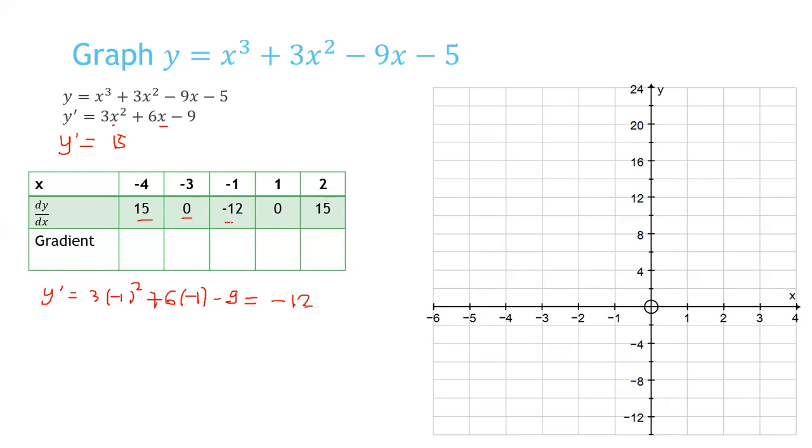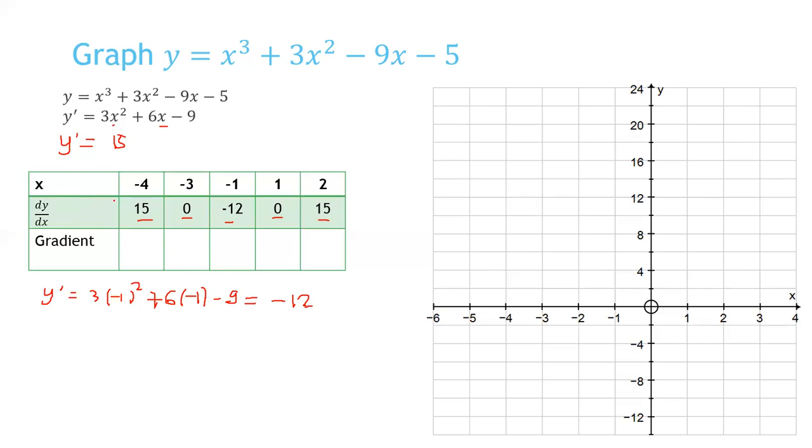So therefore, negative 12 here. Okay, if you substitute 1 into this equation, the first derivative would become 0. And if you substitute 2 into these equations, if x equals 2, this first derivative will become positive 15.